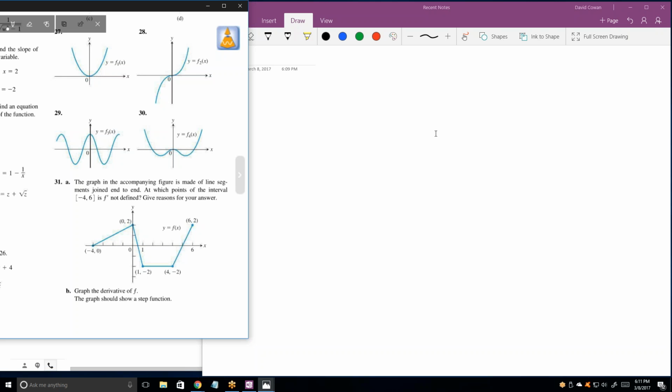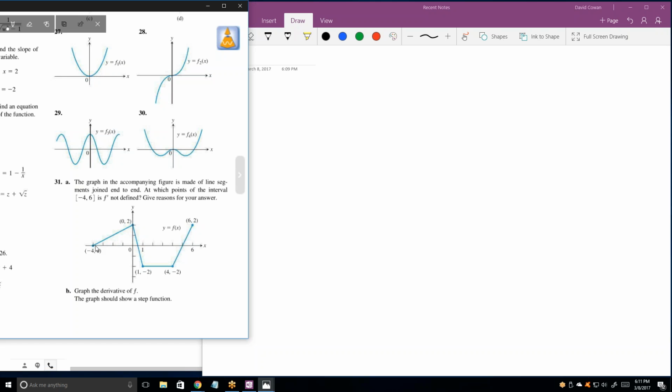So what points is it not differentiable? It looks like it's continuous throughout the whole thing. Well, what do we have going on right there? That's a corner. That's a corner or a cusp. Okay. Not going to be differentiable at that point.